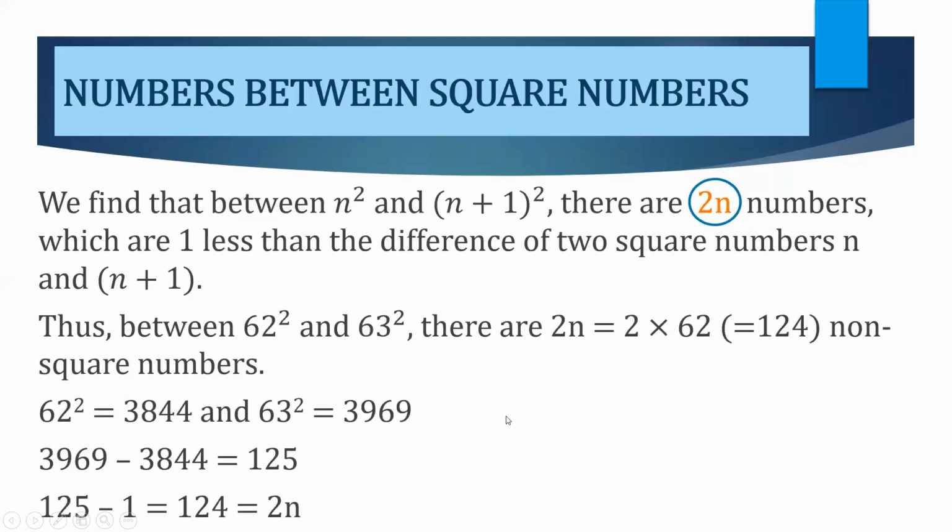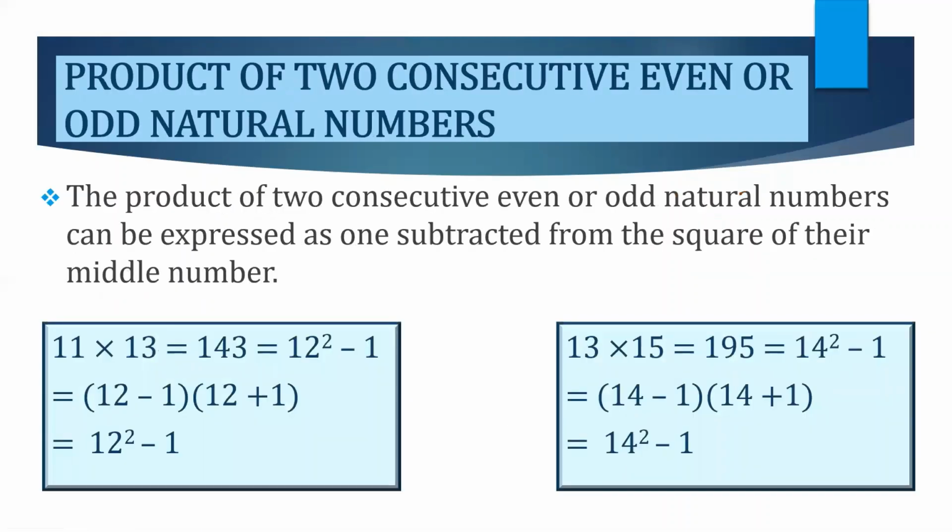Okay, let's move further. Next topic is the product of two consecutive even or odd natural numbers. The product of two consecutive even or odd natural numbers can be expressed as 1 subtracted from the square of their middle number. Now, we know that 11 and 13 are consecutive odd numbers.